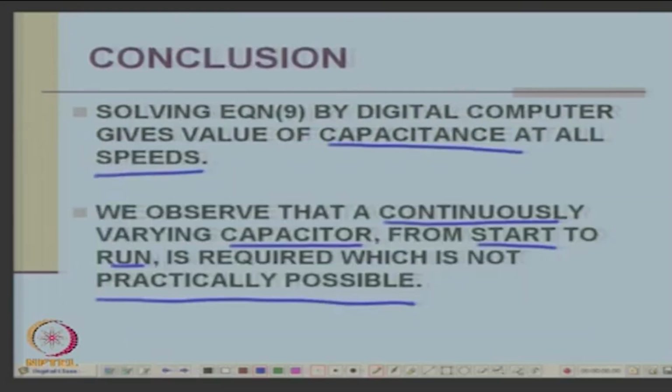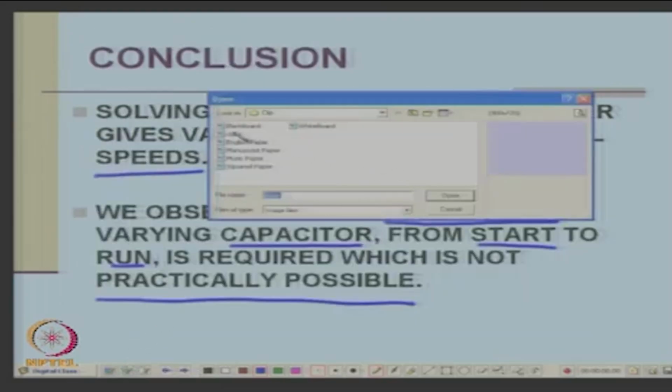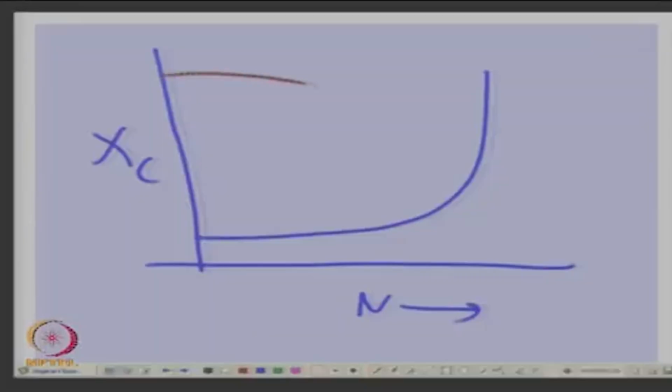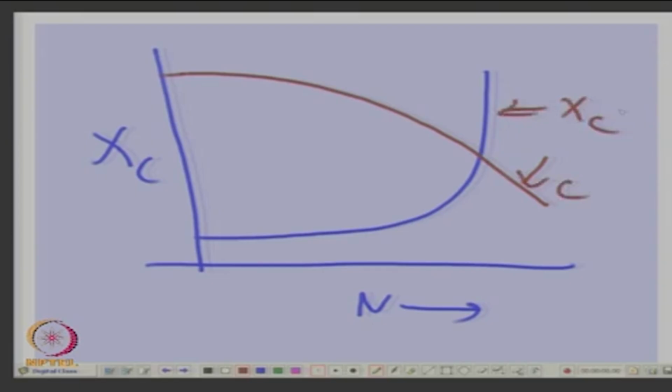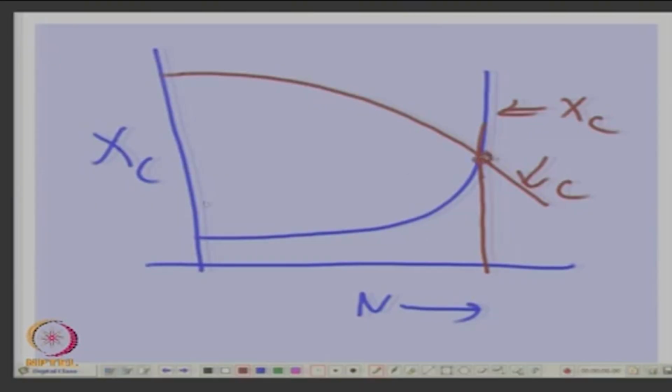So, we discovered that the variation of capacitor xc with speed will be like this, which would also mean that, this is C and this is xc. Okay. So, you will require high capacitance at start which runs for a short time, then you have another low capacitance for the run, supposing this is some speed at which you are running, okay, some points, right. So, now you can calculate the value of capacitance.